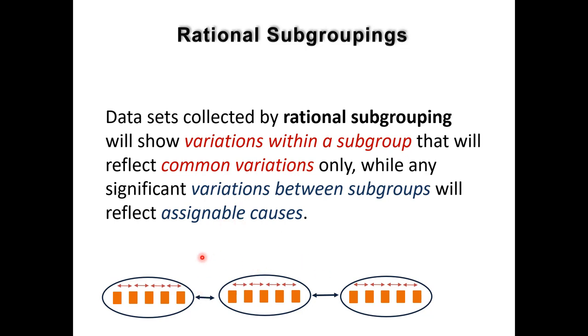So you should be able to differentiate between variation that occurs within a group and variation that occurs between subgroups. This is within subgroup. This is between subgroups, and this variation could be due to assignable causes. But any variation that occurs within a group between individual measurements is only common or chance cause variation.